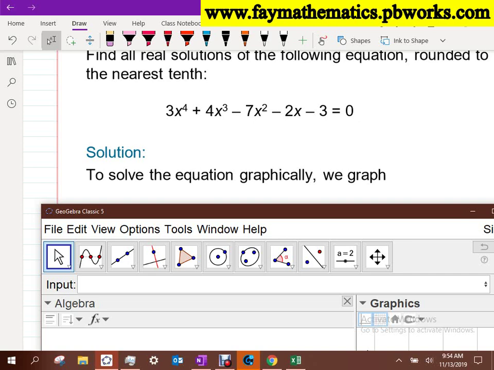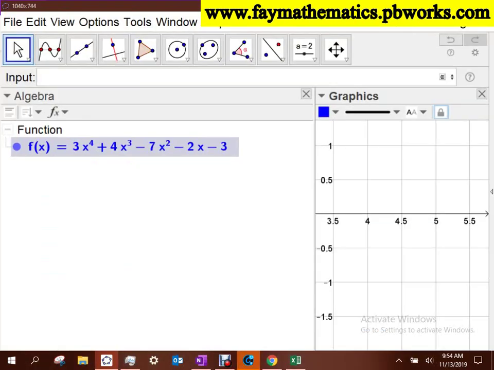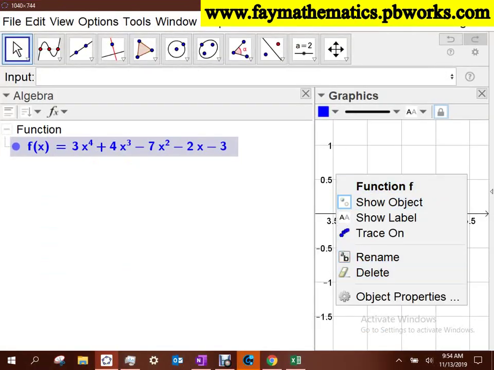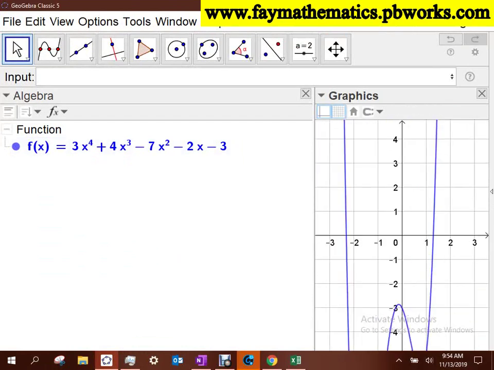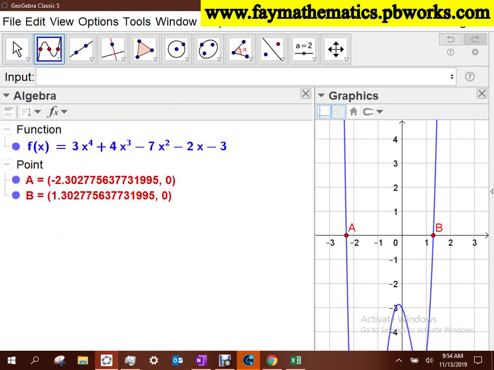Okay? So that means, and we can verify this real quick here, 3x to the 4th plus 4x cubed minus 7x squared minus 2x minus 3. My P over Qs were 1, 1/3, and 3. Are those numbers zeros?